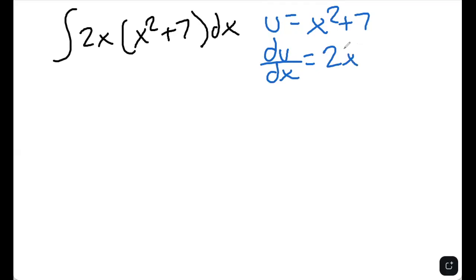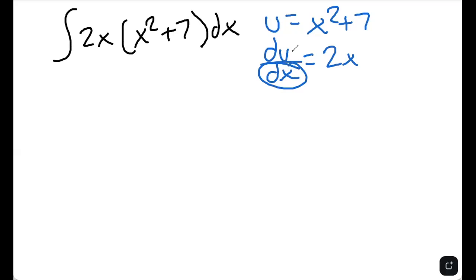My goal is I want to replace the dx with something involving du. That's why I'm doing this. I'm trying to rewrite this integral entirely in terms of u, and then hopefully it will look like one of the 18 formulas I know. So I would normally solve for dx here so that I could plug it in. You know how you would solve for dx here?